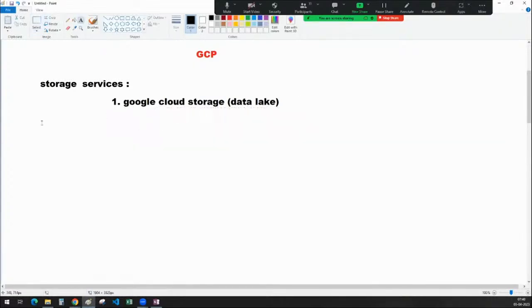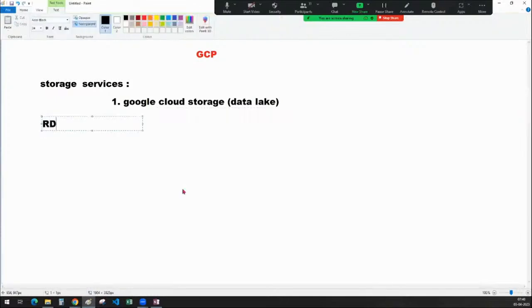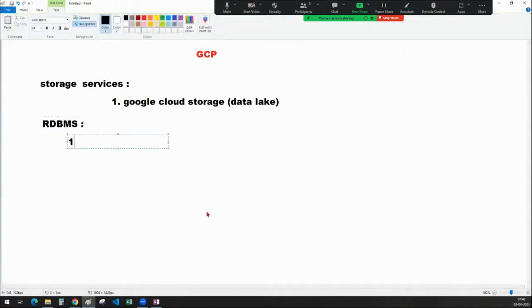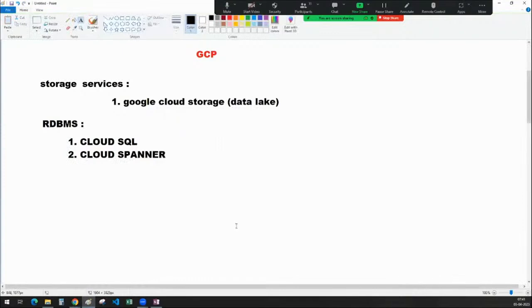We have here RDBMS. In RDBMS, we have the first one, Cloud SQL. The second one is Cloud Spanner. These are the two services that come under RDBMS.